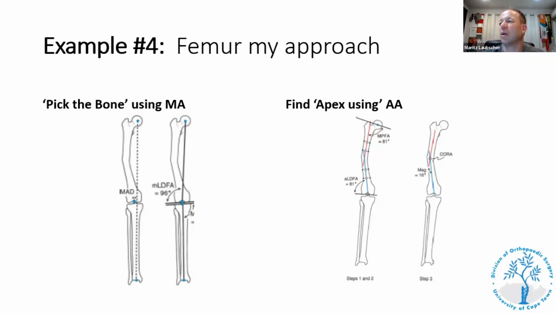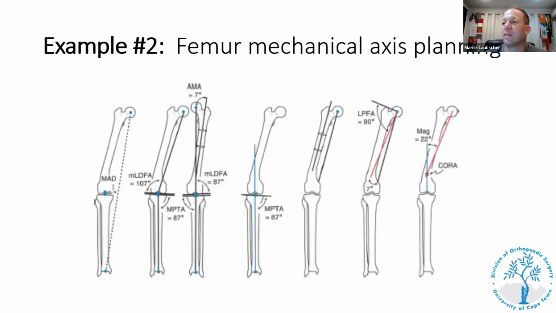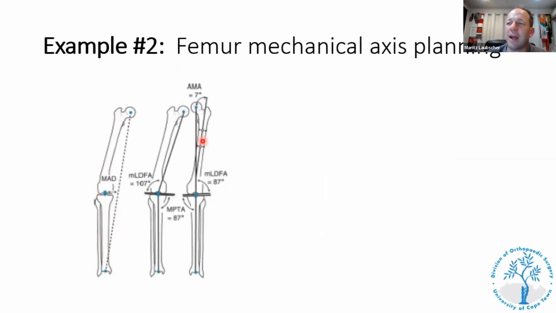So let's say step one, you draw the mechanical axis of the whole limb. Let's go back to this femoral case. Femoral mechanical axis planning: you have to draw the mechanical axis to determine whether there is a deformity. Now you want to draw your axis to look at which segment is abnormal. You could do anatomical axis planning here.